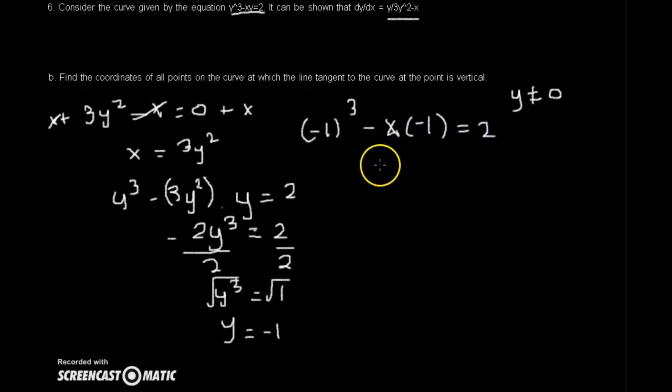So we add 1 on both sides, so this becomes a positive x equals 3. And this is your point for the second question.